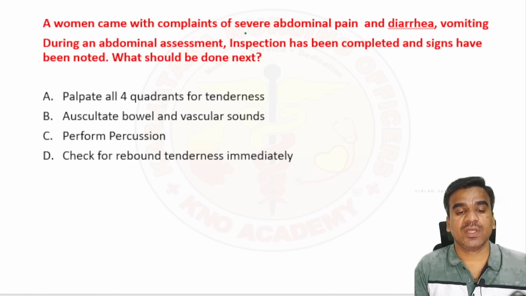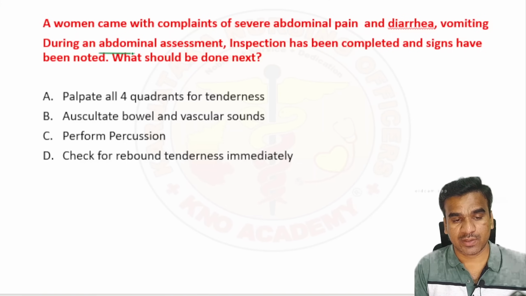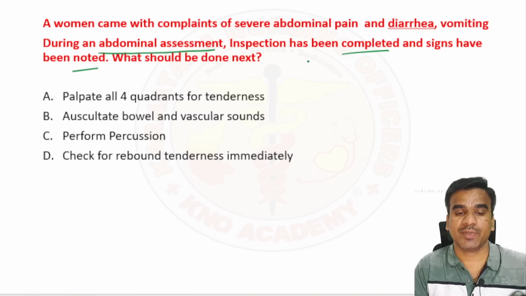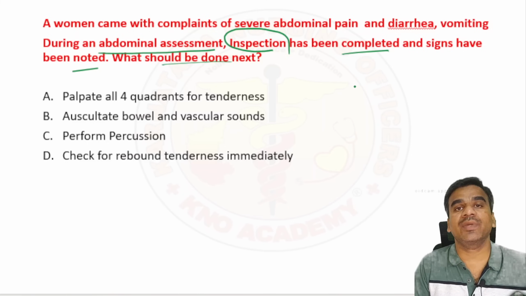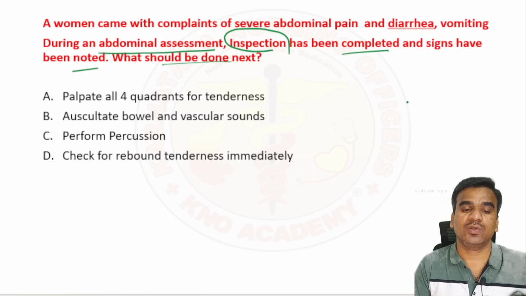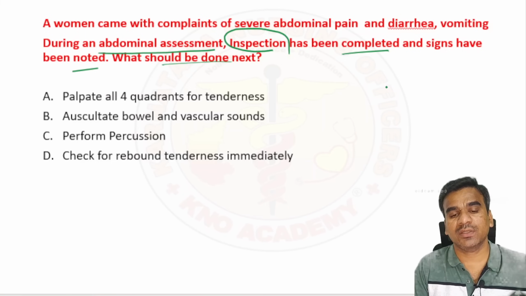A woman came with complaints of severe abdominal pain, diarrhea, and vomiting. During abdominal assessment, inspection has been completed and signs have been noted. What should be next? Usually whenever we are examining a patient, we do inspection, palpation, percussion, and auscultation.